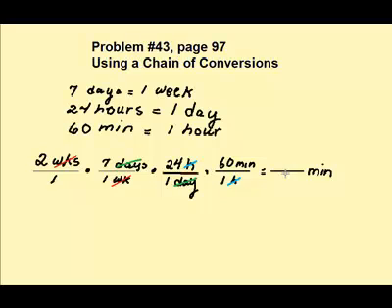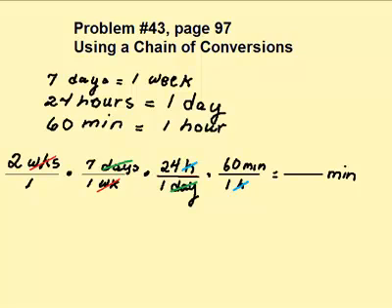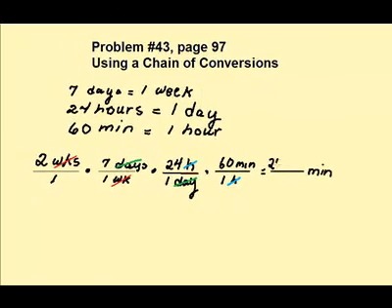But if we were going from a smaller unit to a larger unit, we would be dividing instead of multiplying here. So in this particular case, it does work out that we multiply 2 times 7 times 24 times 60, which happens to give us 20,160.